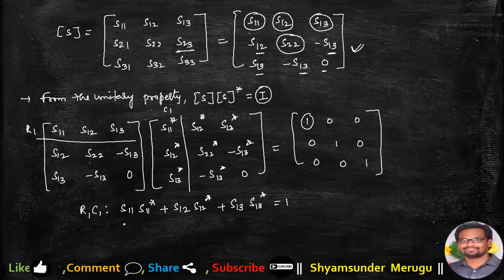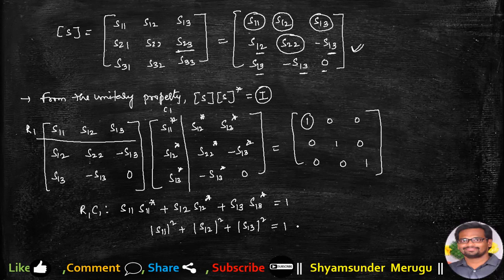When we multiply these, we get mod of S11 square plus mod of S12 square plus mod of S13 square, which will be equal to 1. We can write this expression as equation 1.